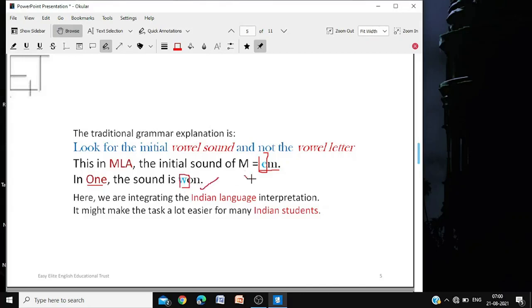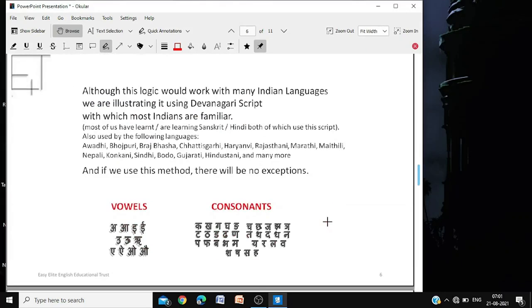But here we are integrating the Indian language interpretation, which might make the task a lot easier for Indian students. Although this logic would work with many Indian languages, we are illustrating it using Devanagari script, with which most Indians are familiar. Most of us have learned or are learning Sanskrit or Hindi, both of which use this script.